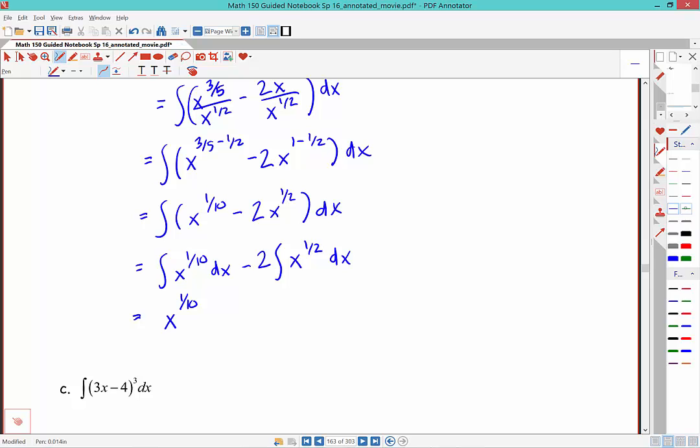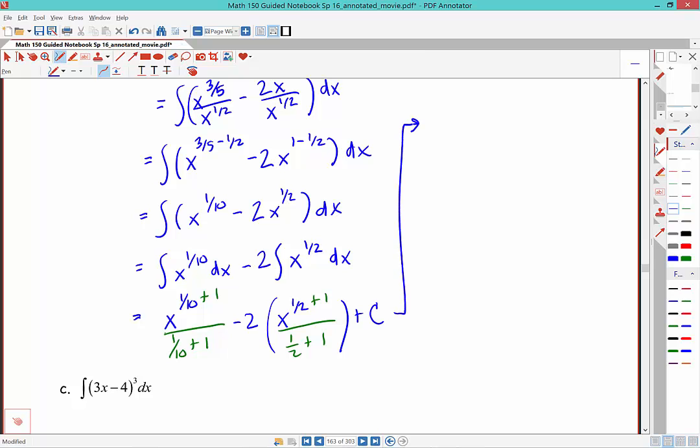So we're going to do x to the 1/10 plus 1 divided by 1/10 plus 1, minus 2, the 2's going along for the ride, times x to the 1/2 plus 1 divided by 1/2 plus 1, plus our constant of integration.